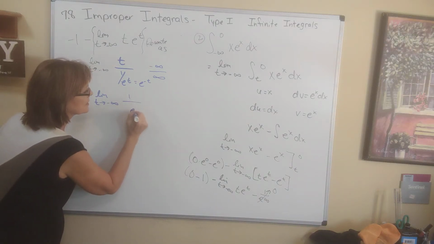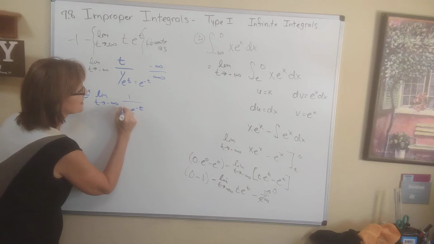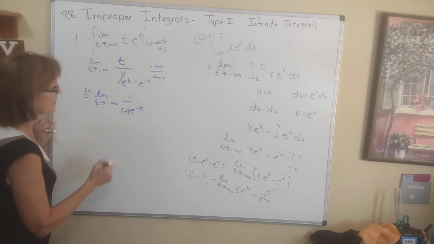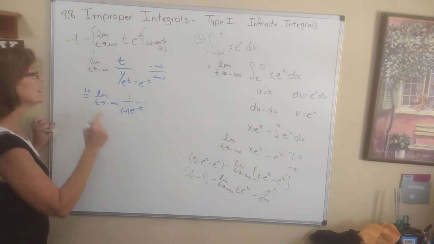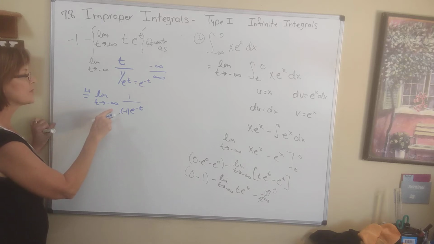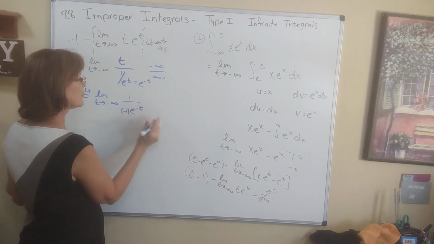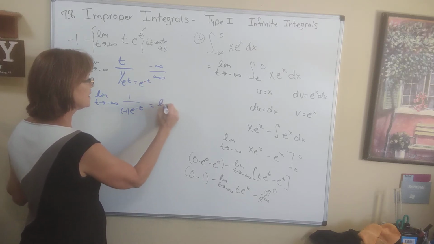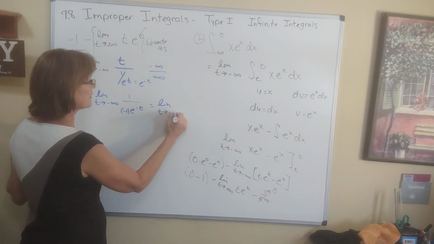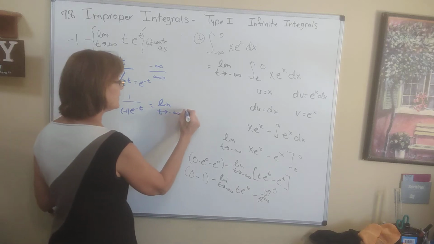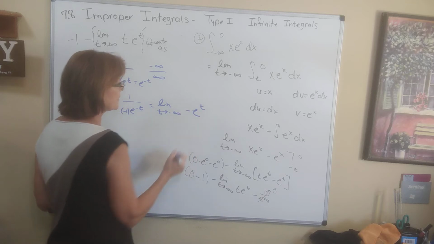So this becomes e to the negative t times a negative 1. All right, so now we'll apply the limit. If I use direct substitution, this becomes, if I move this to the numerator, the limit as t goes to negative infinity of negative e to the positive t.